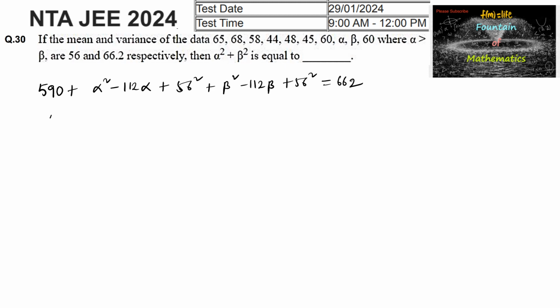Or we can simplify: alpha square plus beta square minus 112 times alpha plus beta, and 56 square plus 56 square, that is 2 times 56 square, and the 56 square value we can write as 3136, plus 590 is equal to 662 minus 590.